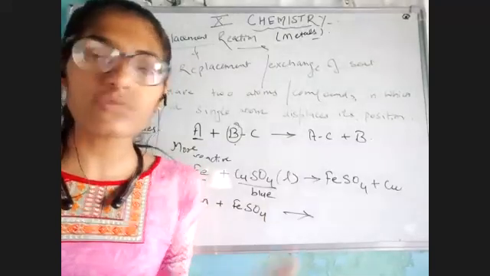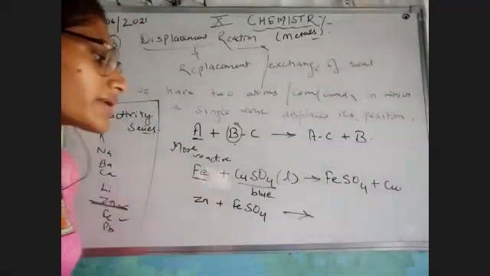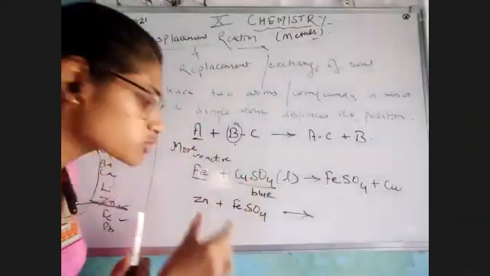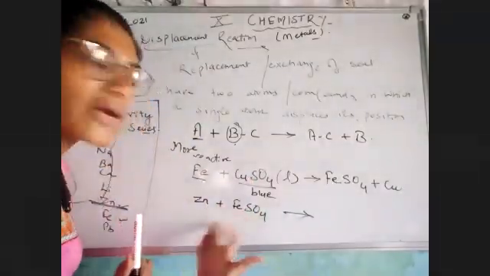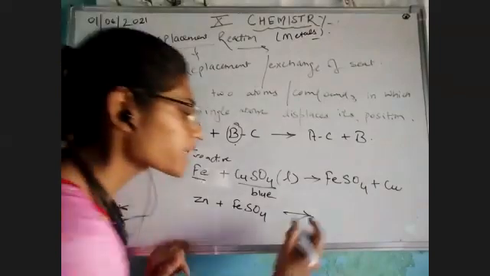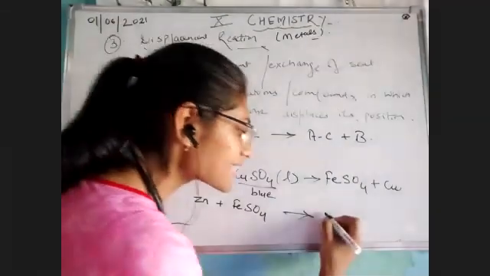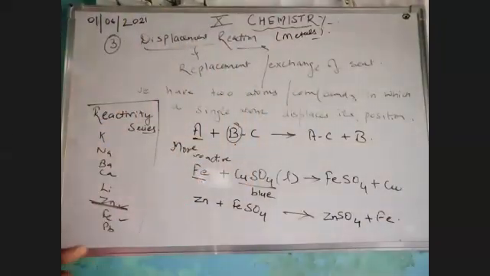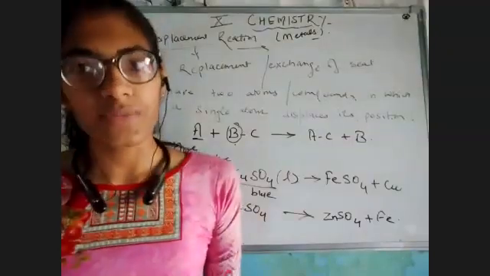Do not get confused: iron had the capability because it was more capable than copper, and now zinc is more capable than iron. This is wholly dependent upon the reactivity series. So zinc plus iron sulfate will easily be replaced by zinc sulfate plus iron. Am I clear? So we have done our third type, that is known as displacement reaction.